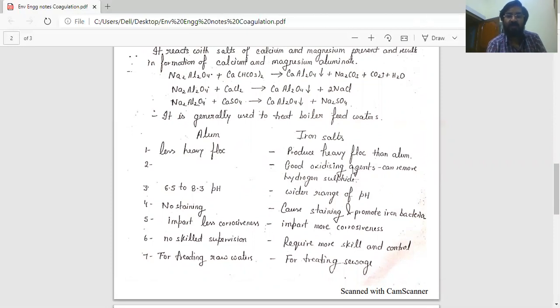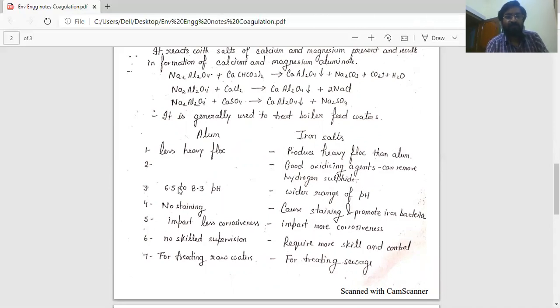That is why iron salt or copperas is used in sewage water or wastewater, because the smell in sewage water is due to hydrogen sulfide, H2S gas.